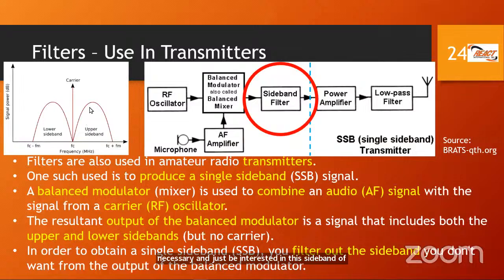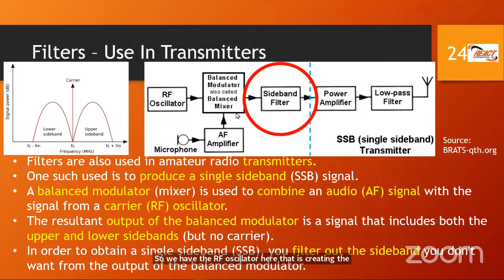So for example, here we have the SSB, single sideband. We have the balanced modulator combining the audio frequency signal, this is the audio frequency signal or voice coming in here, with the signal from a carrier RF oscillator. So we have the RF oscillator here creating the sine wave, and it is mixing.